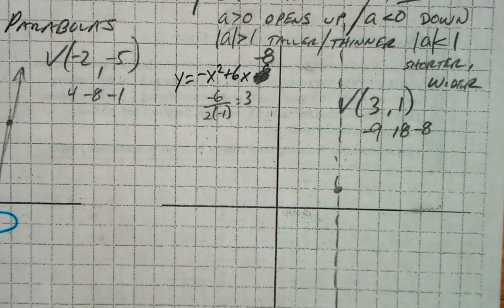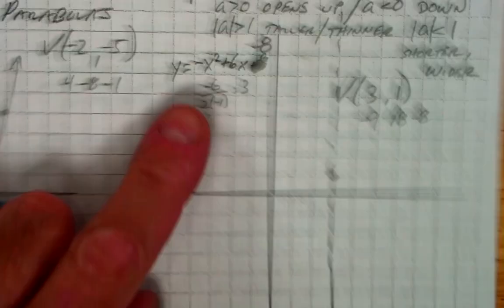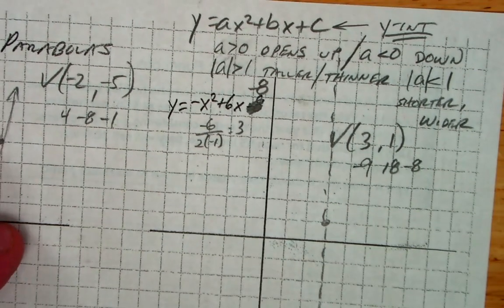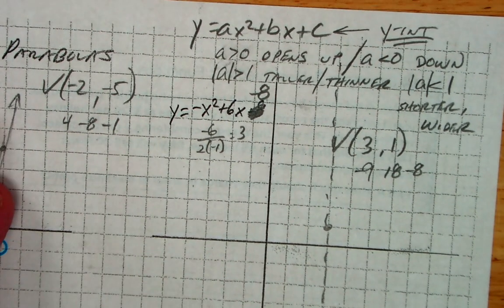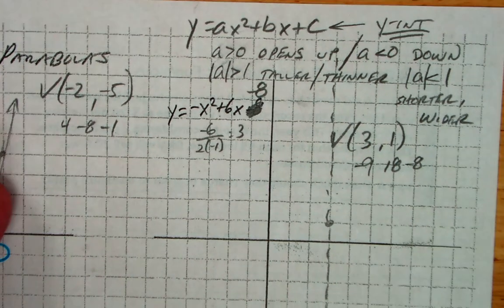Okay. So now this one, it's still a 1. It's going to be shaped the same exact way that we did before. Over 1, down 1, over 1, down 3, over 1, down 5. Go.